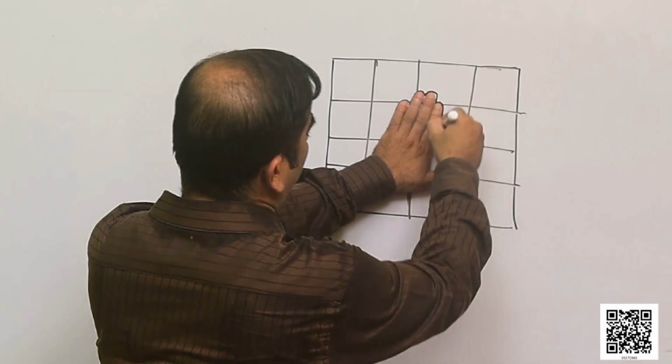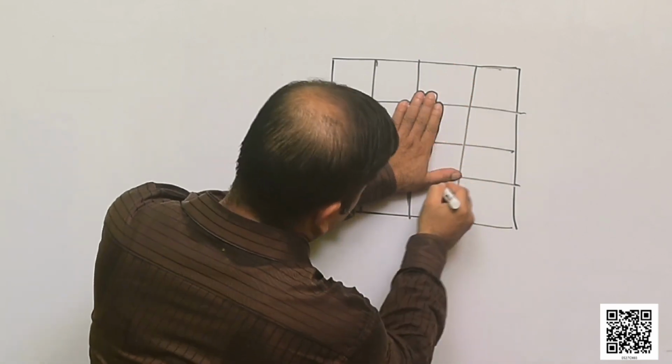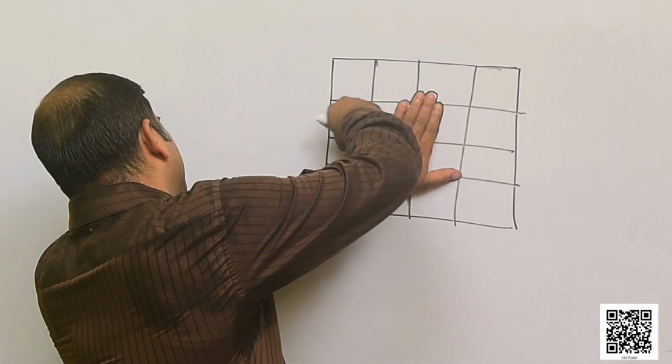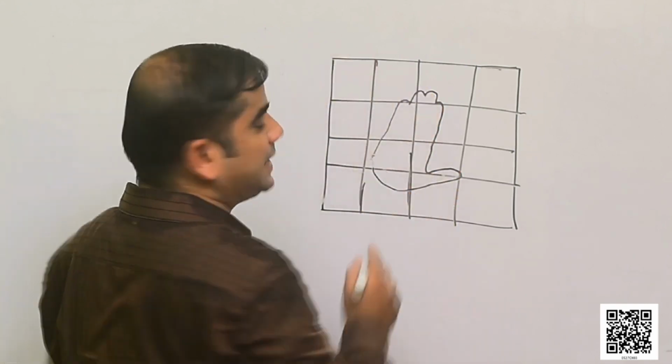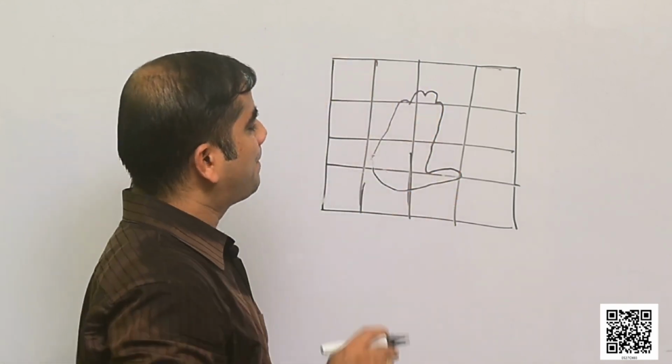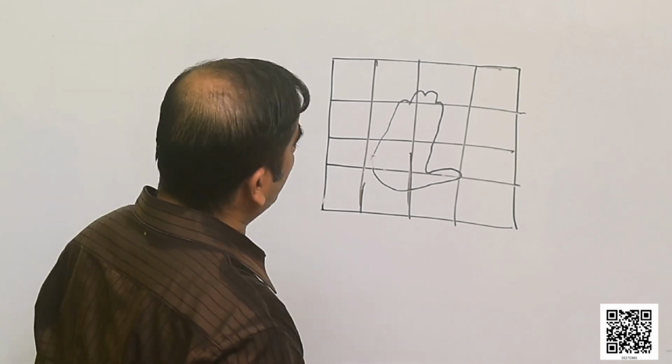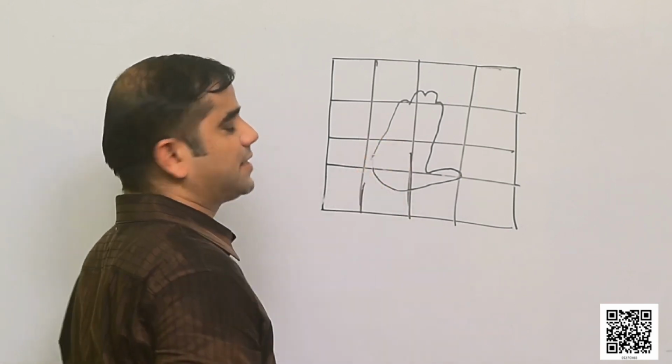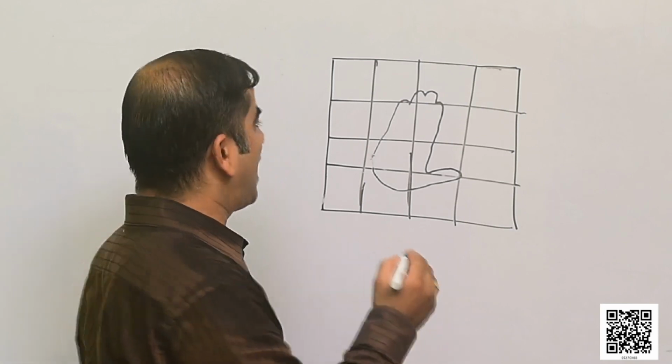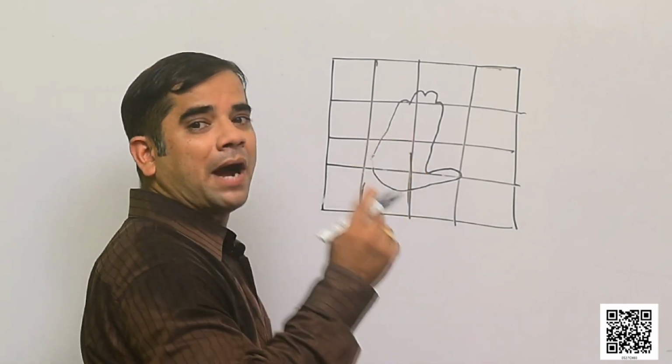I need to draw the boundary only. Let us assume that this is the boundary of my palm. Fine. So how many full squares are there within my boundary?